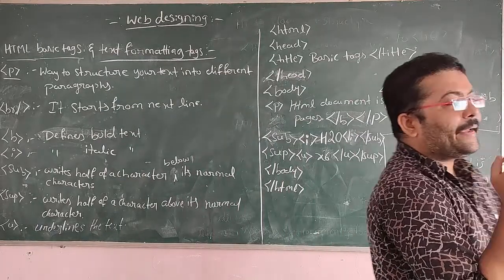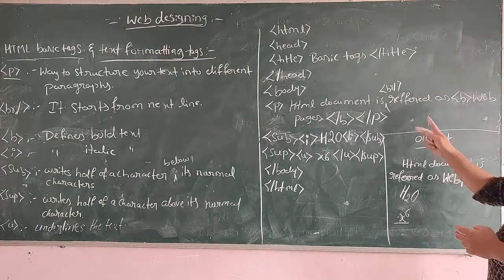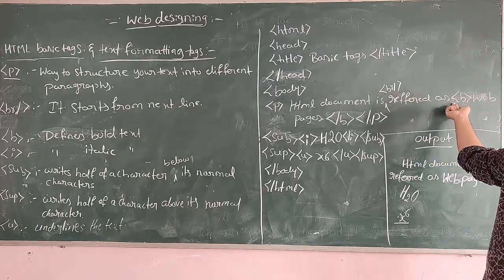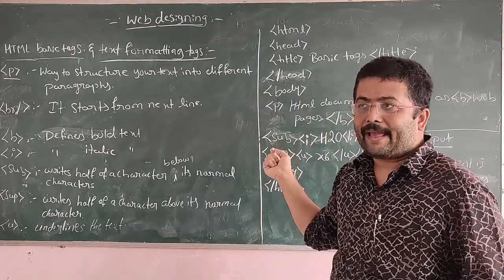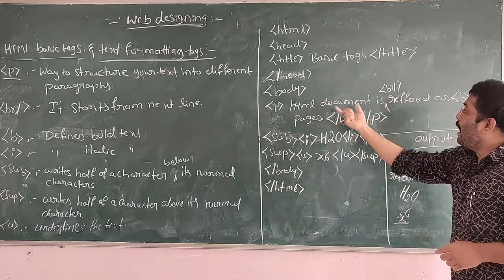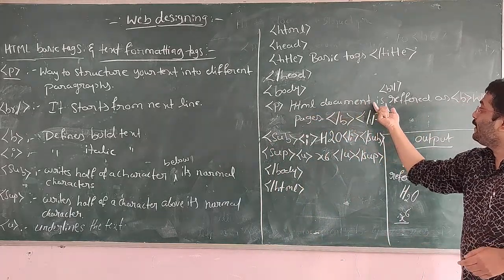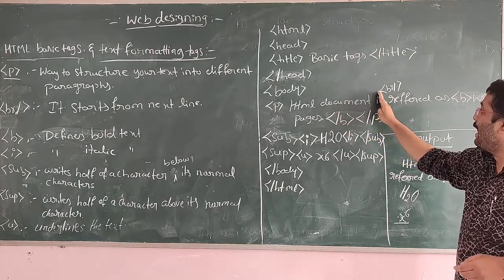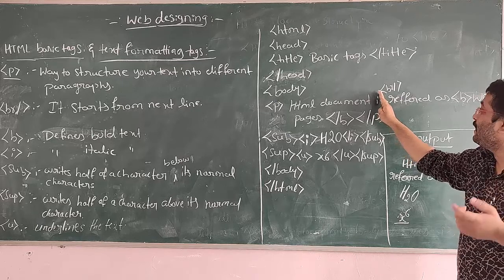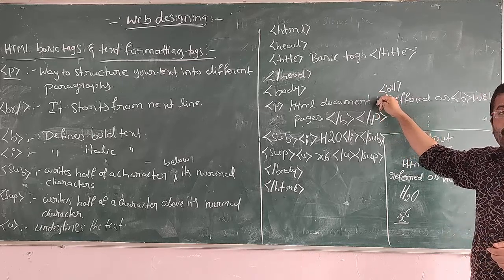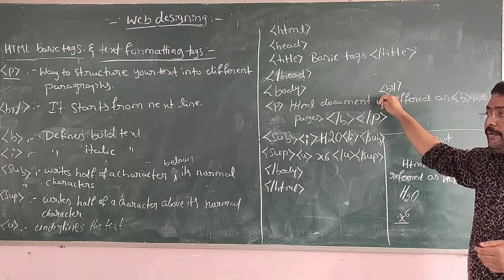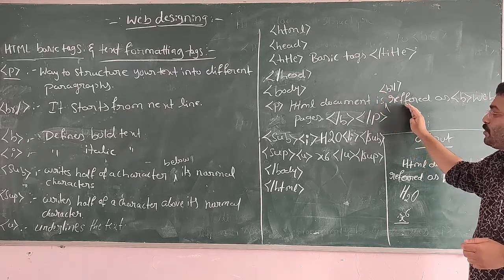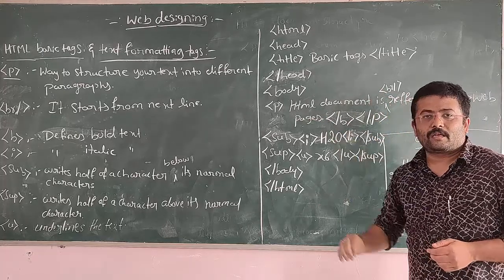So inside the paragraph tag I am using two more tags, that is the BR tag and one more is the B tag, that is bold tag. So up to here, HTML document is, I am using it in one line. After that I am using the break line tag, that is the BR tag. So here it splits the text and the next text will be displayed in the next line.